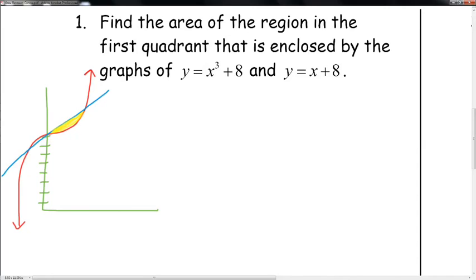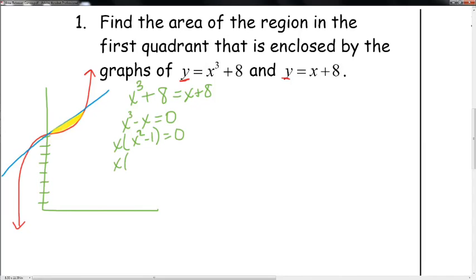So we need to figure out where they intersect, and you find the intersection by setting them equal to each other. If your y-coordinates are the same, that means you just set your two functions equal to each other because they're intersecting at the same y-coordinate. So I have x to the third plus 8 is equal to x plus 8. If I move everything to the left, I get x to the third minus x, and my 8's are going to cancel. If I factor out an x, I get x times x squared minus 1.